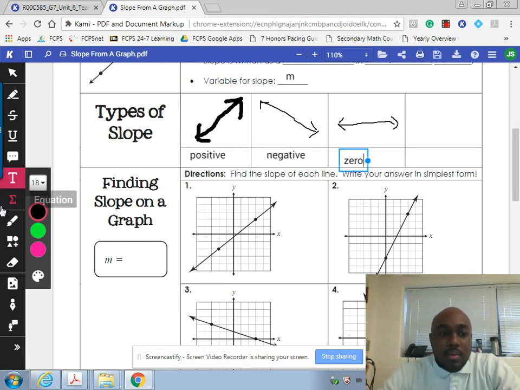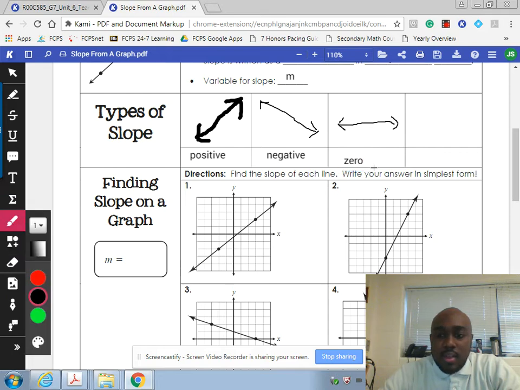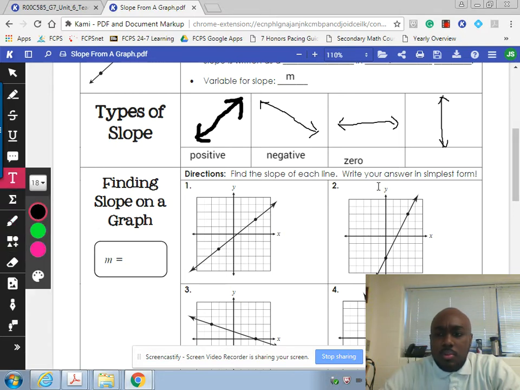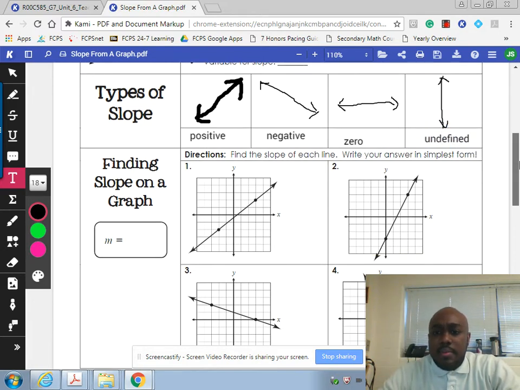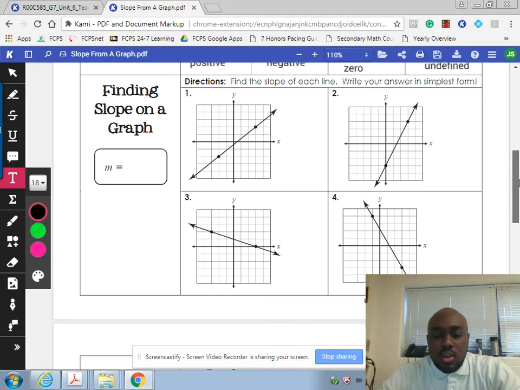And the last example is a little thing we like to call undefined. That's when we have a vertical line. If we have a vertical line, that slope is going to be undefined. I will show you an example of an undefined slope in this video so that you can understand exactly what that looks like.